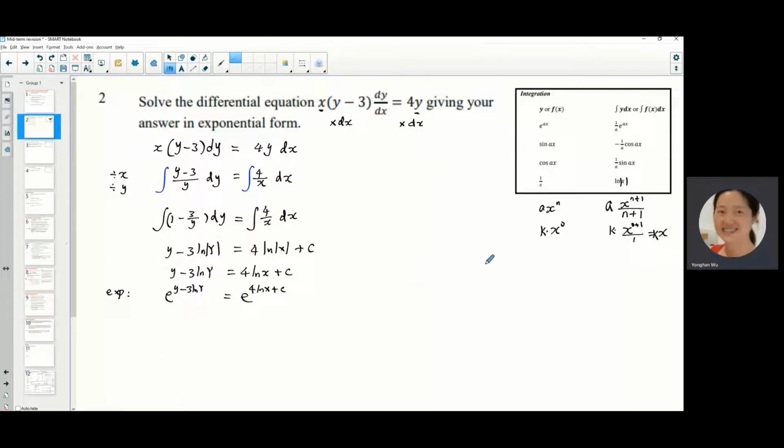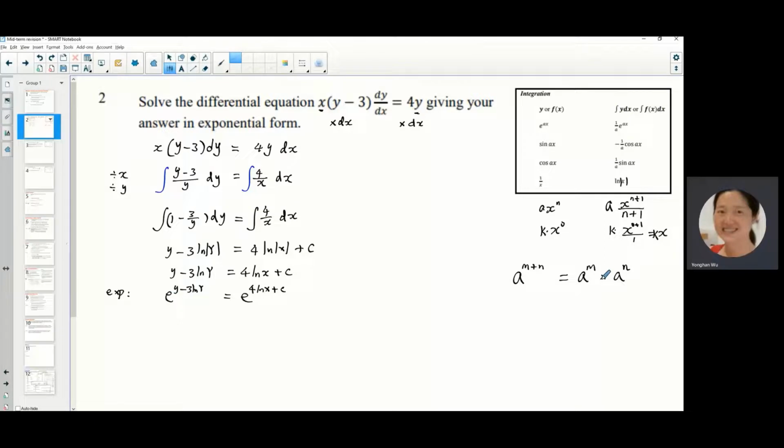Now we need to use some of your knowledge on power index calculations and logs. Remember, anything to the index, two numbers added together, equals the separate: a to the m times a to the n power. So basically, if you have m sets of a's multiplied together, multiplied by n sets of a's, together it's m plus n sets of a's.